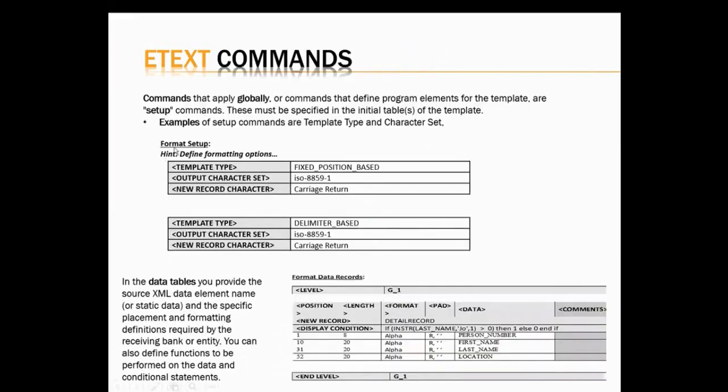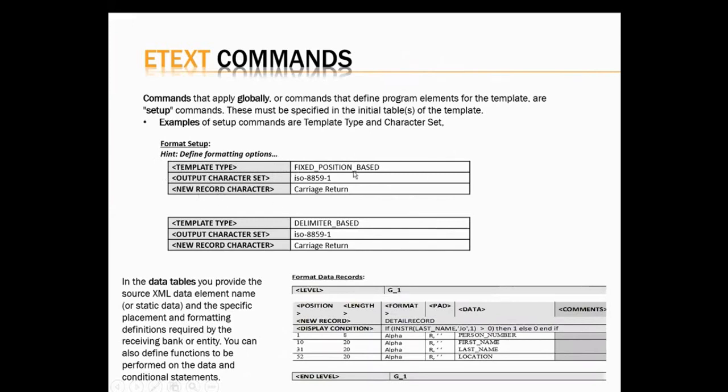So for example, we have some setup commands, and these setup commands are a must to create any template. They will be given at the beginning of the file. A setup command takes two values, command name and command value. Here I have given three setup commands in this example, though we have many setup commands.